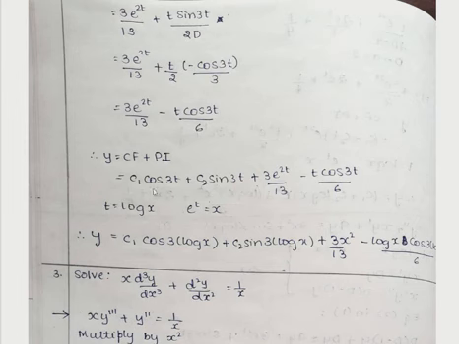Therefore, that is equal to C1 cos 3 into t, t is log x, plus C2 into sin 3 into t, t is log x, plus 3 into, what is e power 2t? e power 2t is equal to x square, divided by 13, plus here t is log x, into cos of 3 into t, what is t? log x, divided by 6. That is the solution for the given differential equation.